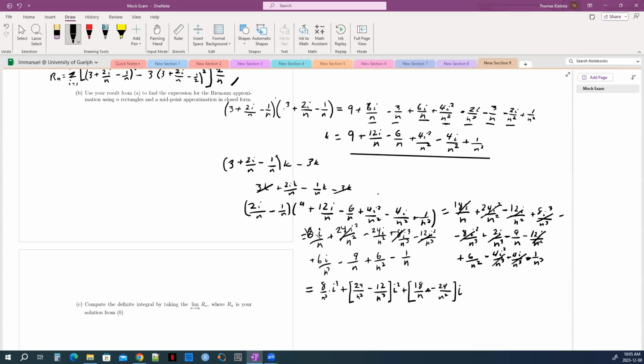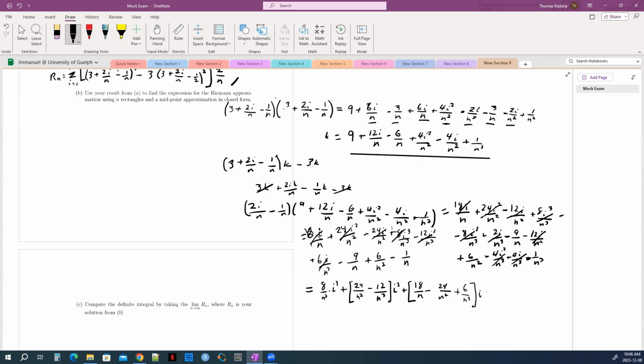And then we have one more term. Our last term here is going to be 6 over n cubed times i. And then our i terms are gone.